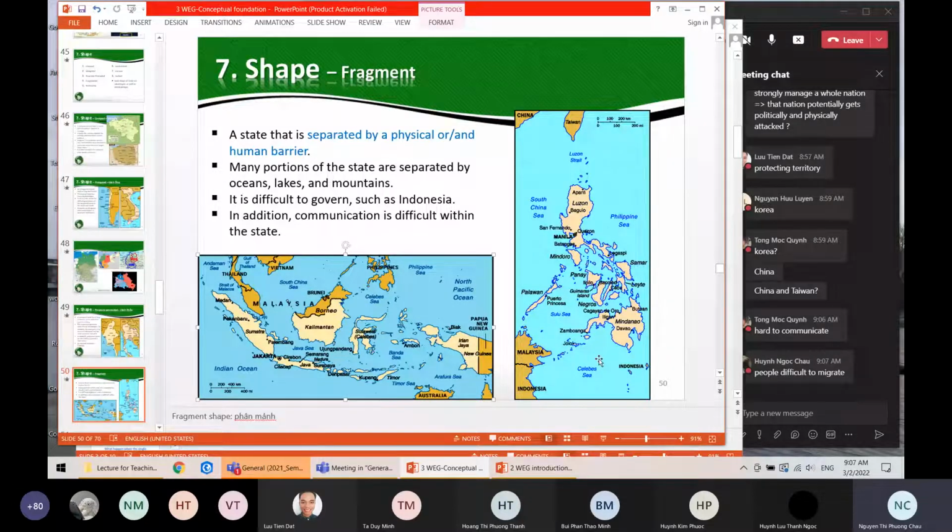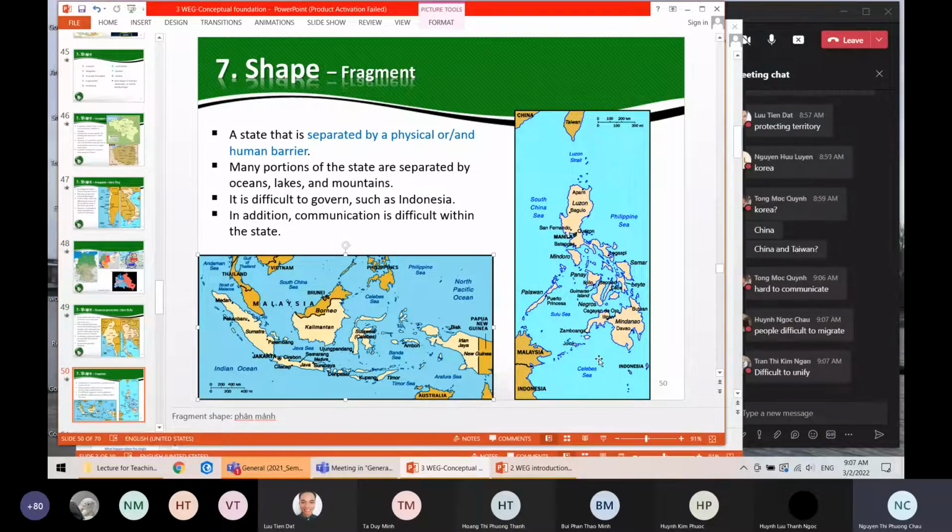Yes, from Ngọc Châu, people find it difficult to migrate, which means to move from one place to another, because it's very far and the distance is deep ocean. Yeah, very difficult and dangerous. Yes, from Kim Ngân, difficult to unify. Okay, but please, Kim Ngân, tell us your ideas.